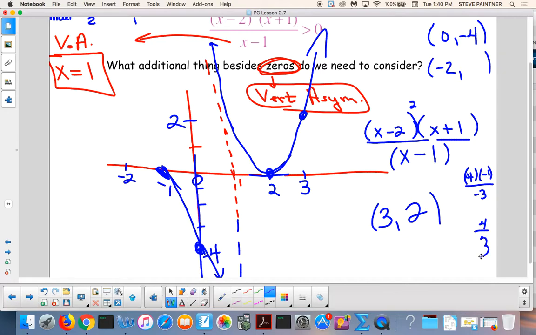Or thirds? 5 and 1/3. Is it 5 and a third? 16 thirds, isn't it? Yeah, I think it's 16 thirds.